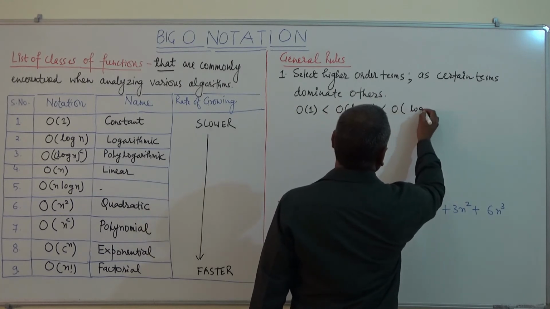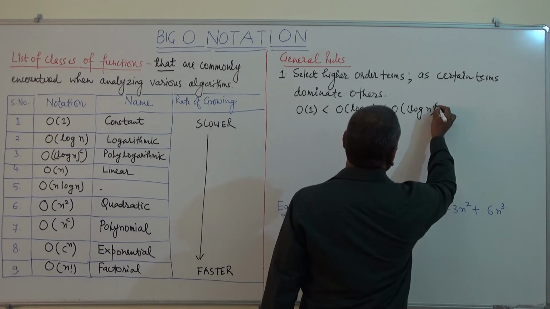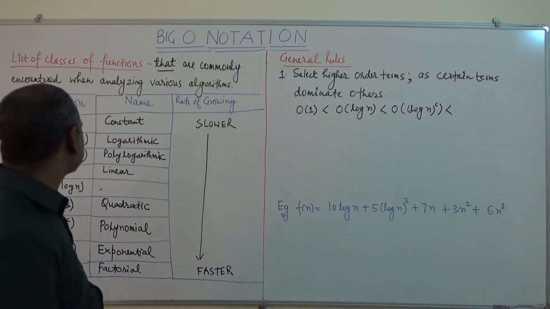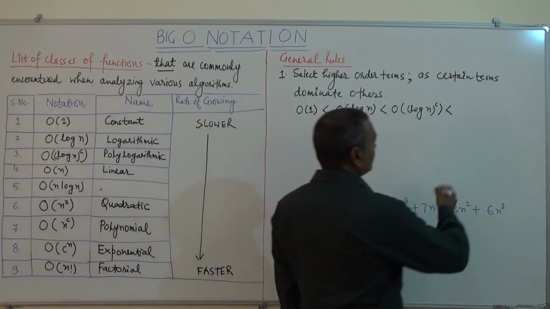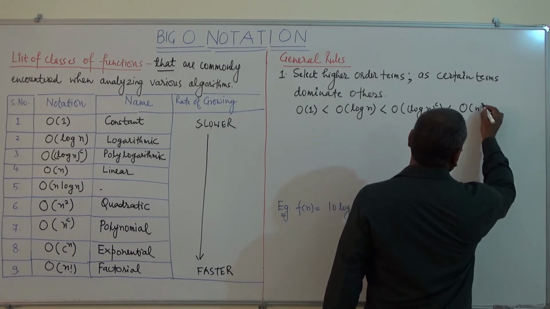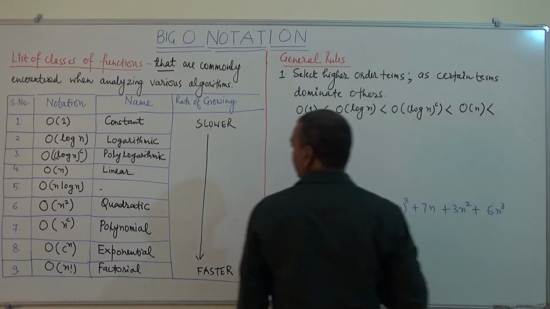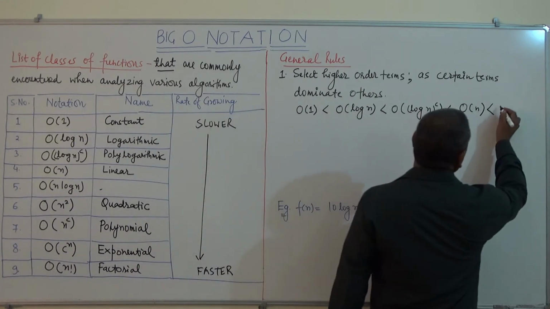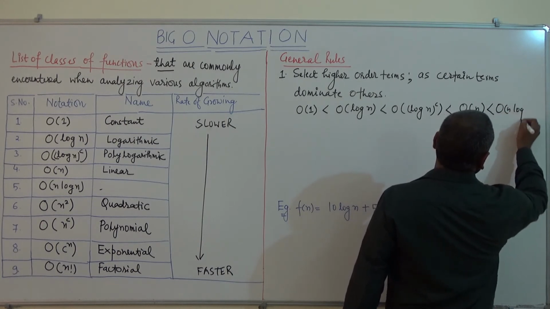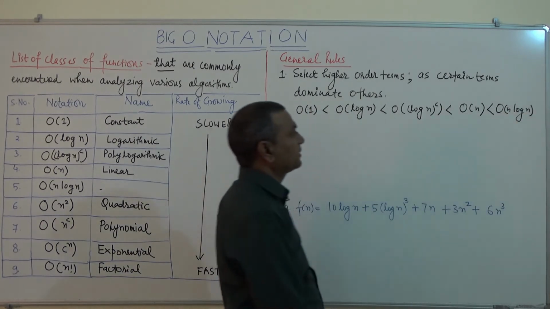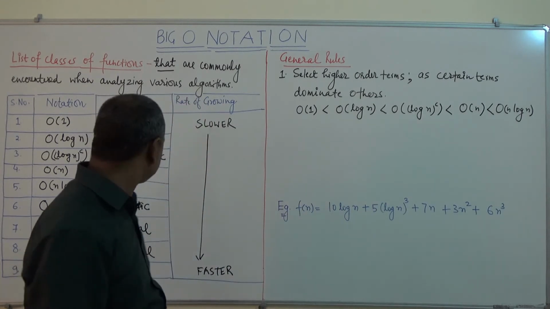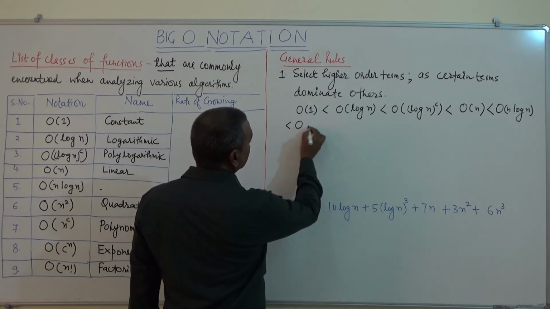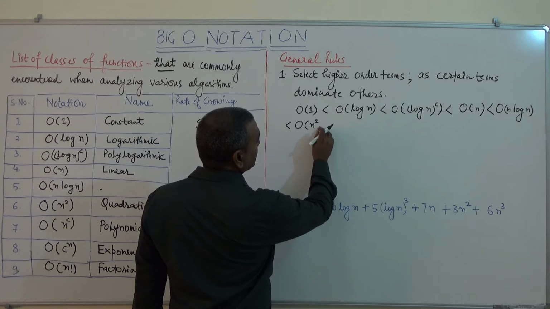big O of log n raised to the power c. This is polylogarithmic, and then big O of n, and then big O of n log n, and then big O of n square.